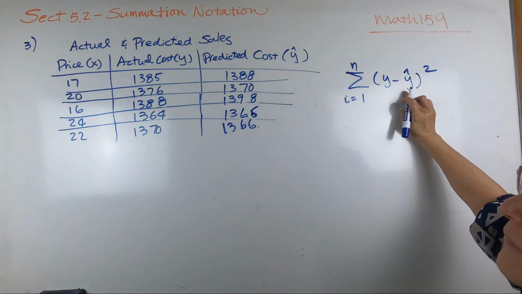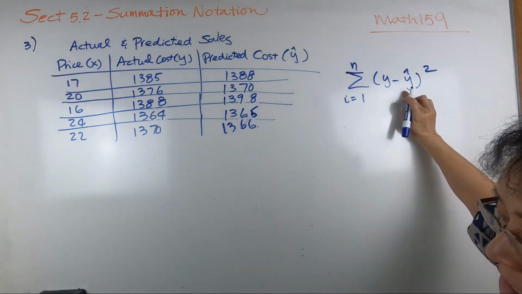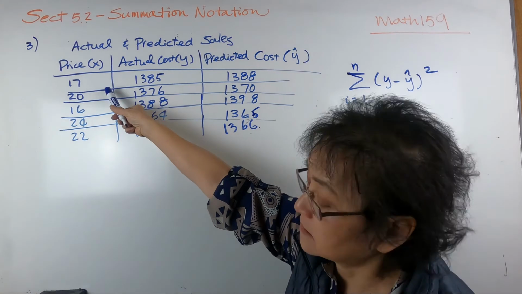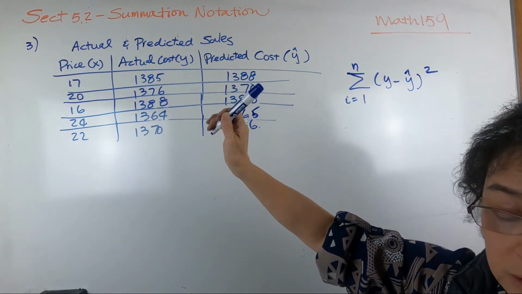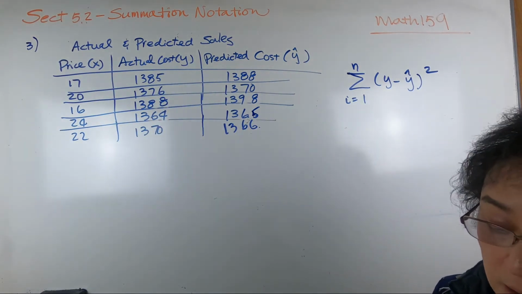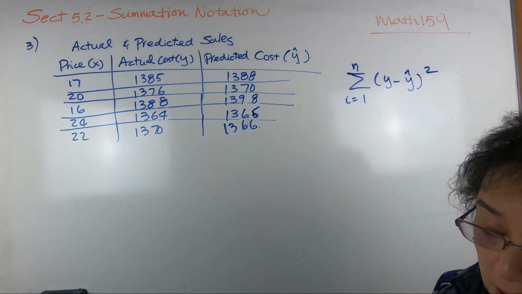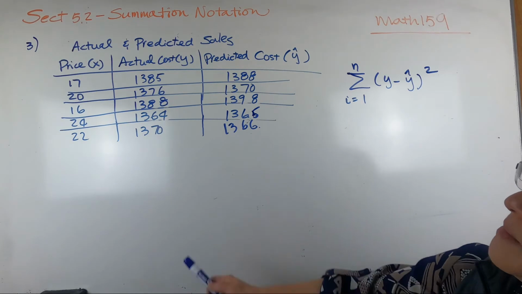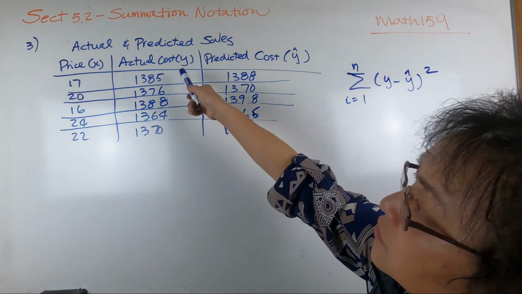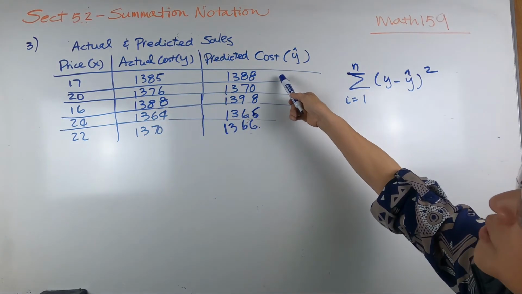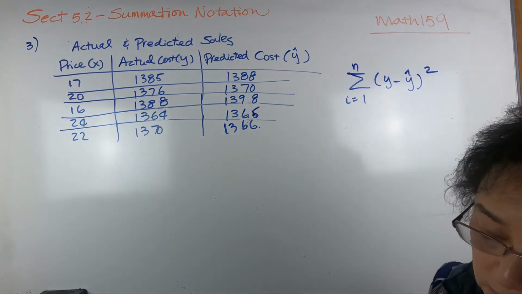If when you sell the price as 17, whatever the price X, then Y is how much actual cost you sold, then predicted cost is this way.